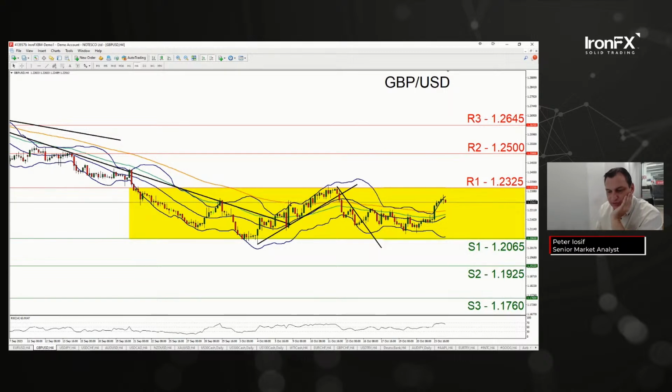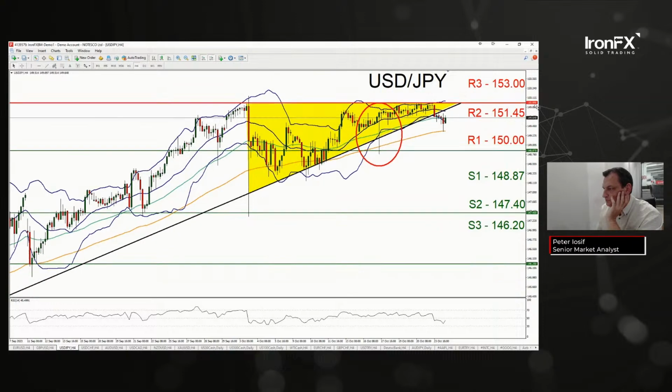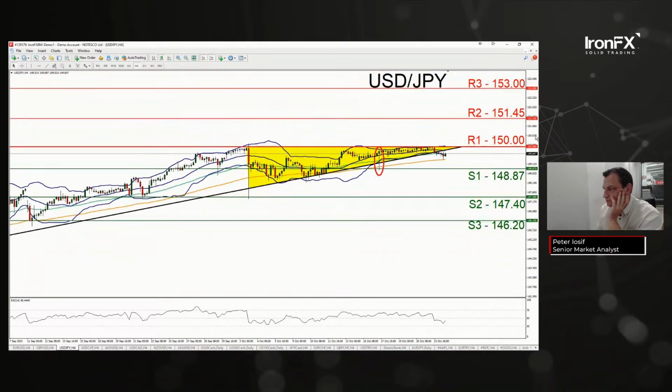Okay, let's have a look at USD/JPY, which was also quite interesting. Now we can see a correction lower of USD/JPY, practically in the American session yesterday, and a slight widening of the Bollinger Band, some bearish tendencies being built up.